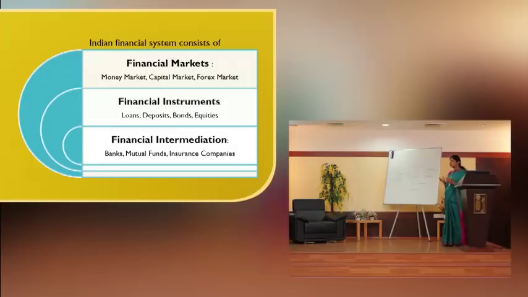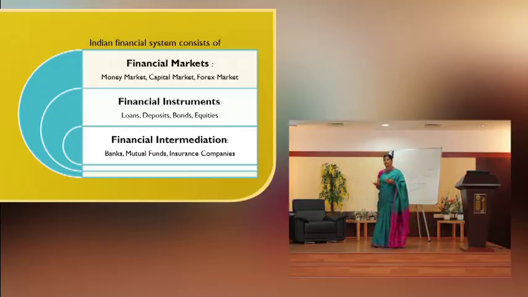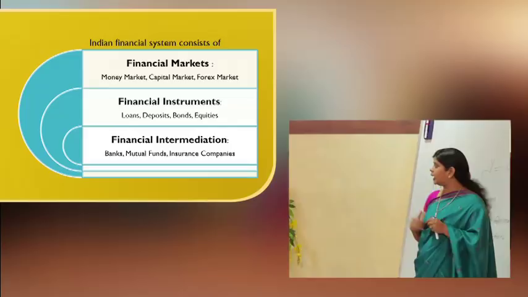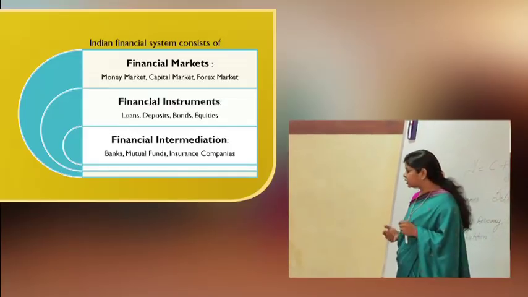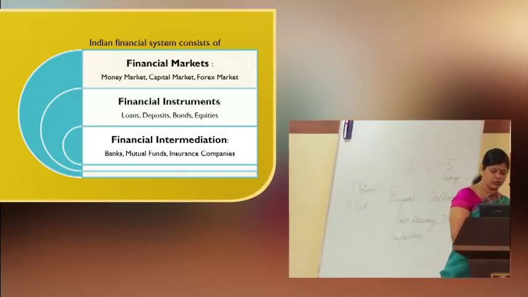Talking about the financial instruments, right, when I say financial markets, the markets are a platform where we are going to deal in various financial instruments. Now, which are the financial instruments that are going to be dealt in the financial markets? It can vary from loans, deposits, bonds, equity products, and so on.